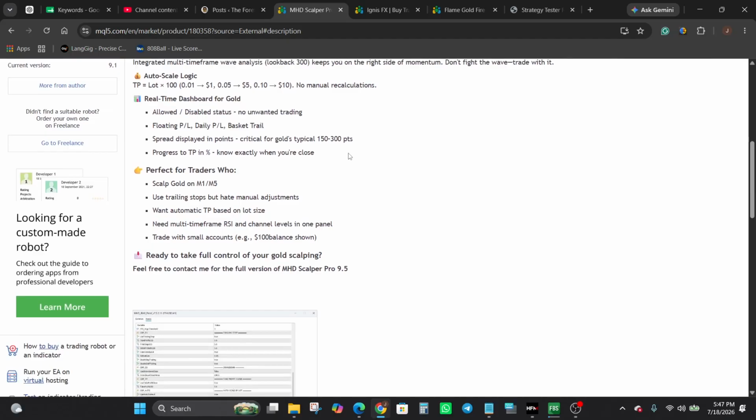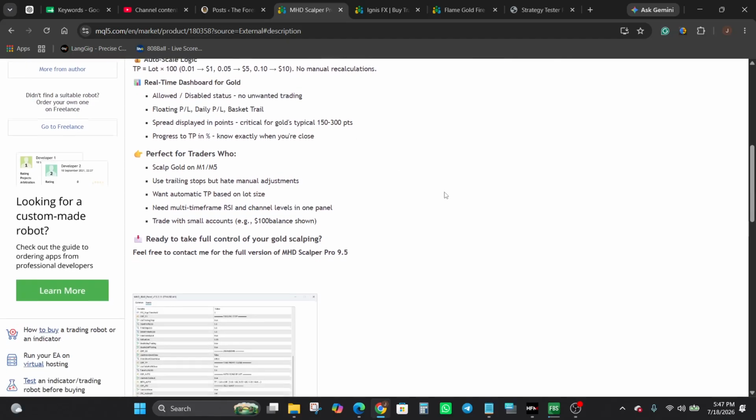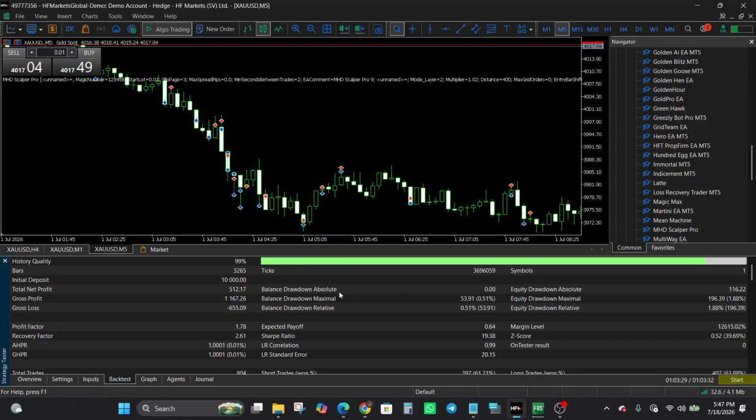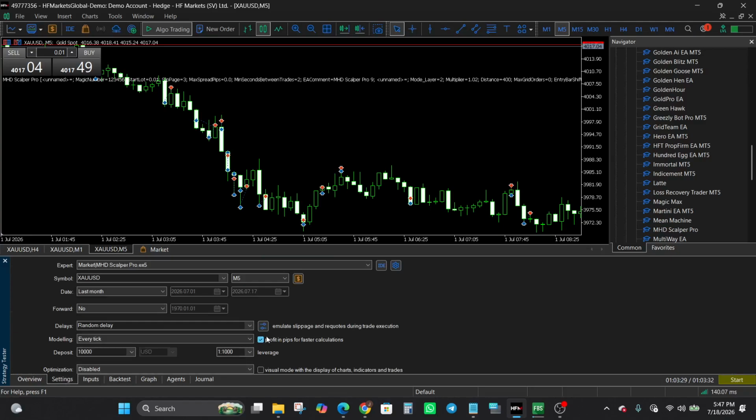All right, so now let us get into the backtest that I ran myself. And I want to flag the test window here specifically. All right, this only covers a 17-day period from July 1st through July 17th, 2026.